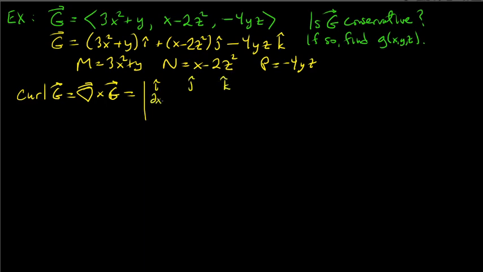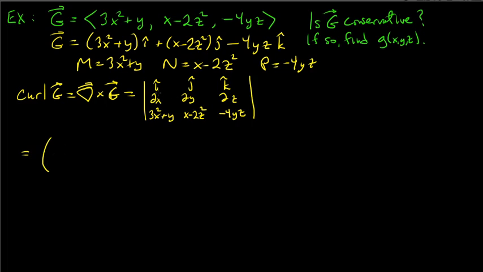Partial with respect to x, partial with respect to y, partial with respect to z. I needed a little more space here. So M is 3x squared plus y, N is x minus 2z squared, and the P component is -4y times z. And yep, taking the partial derivatives in the determinant, these aren't 2's, by the way.